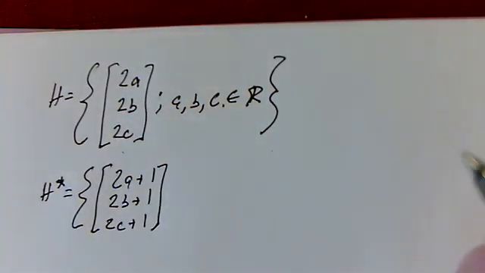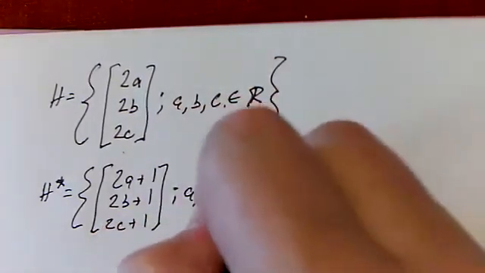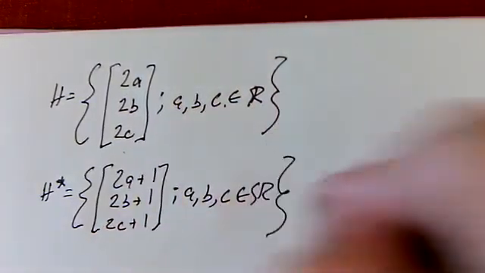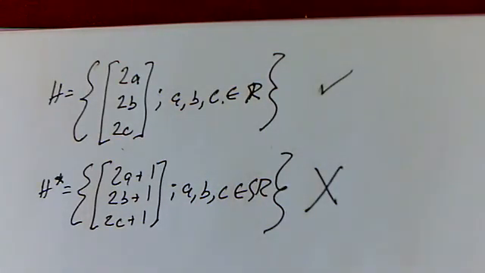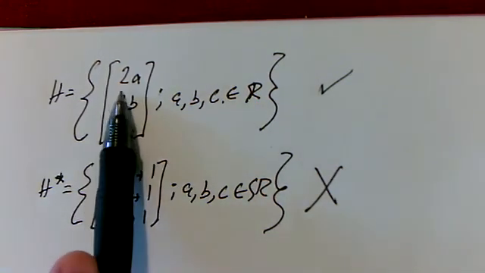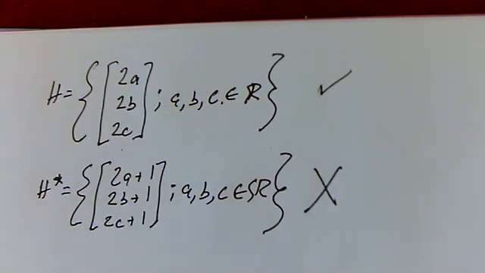When you add up those odd numbers, you may get even numbers. So remember that the sum of 2 even numbers is still an even number, but the sum of 2 odd numbers is not. So this one is not a subspace, where that one is a subspace. And you could write your basis vectors here: 2, 0, 0, 0, 2, 0, 0, 0, 2. The sum of 2 even numbers is always even. The sum of 2 odd numbers is never odd; it is always even.